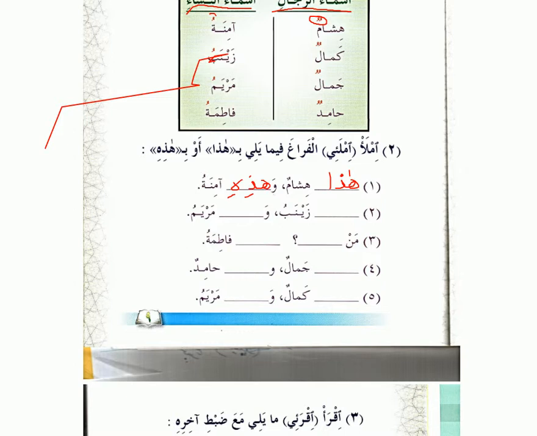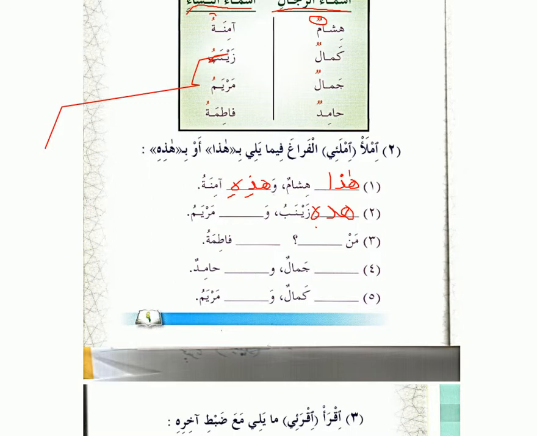Inshallah we'll go over question 3. So question number 2. The first blank is going to be Hazihi, because Zainab is a girl. And the second blank is going to be Hazihi as well.